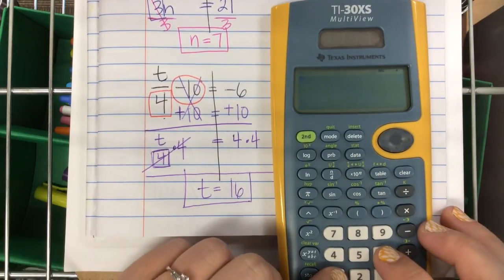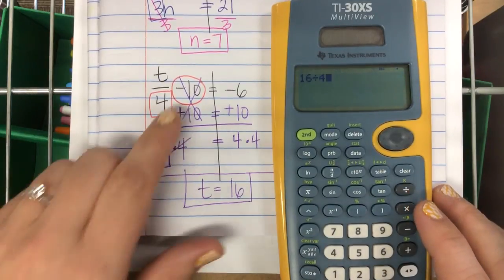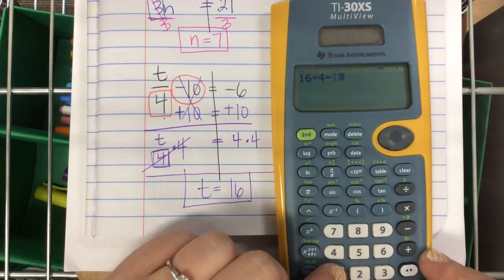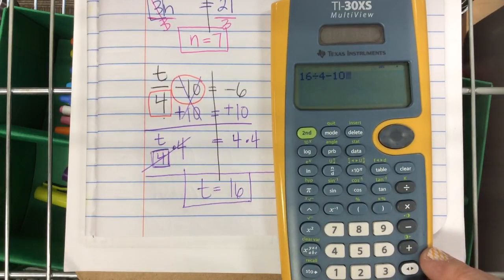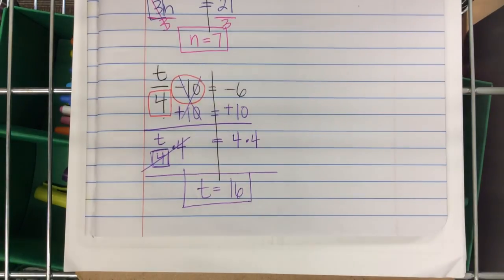So that means 16 divided by 4 minus 10. Does it equal -6? So I did it right. My answer is correct. One more.